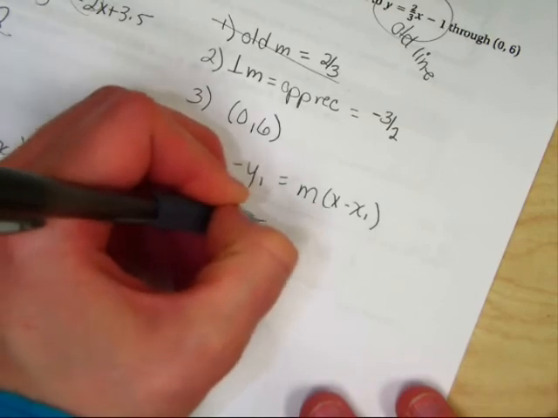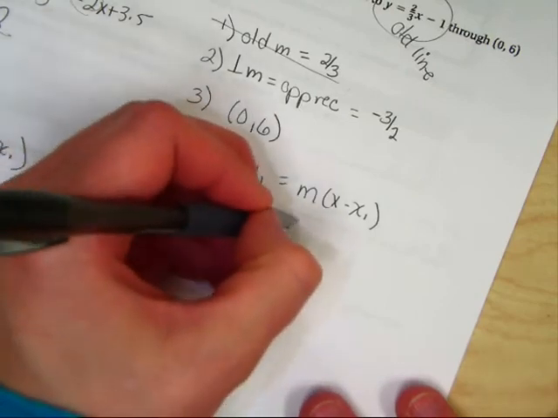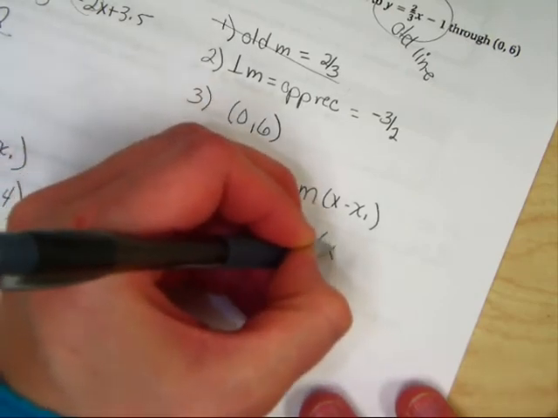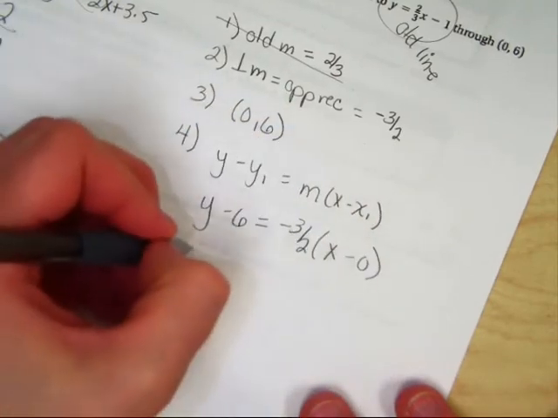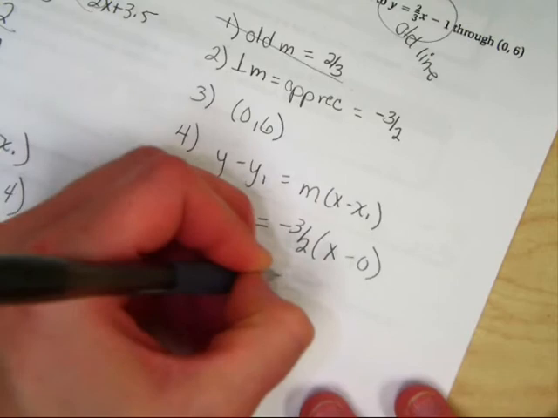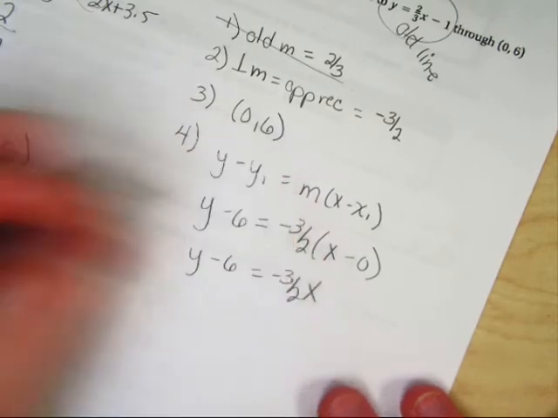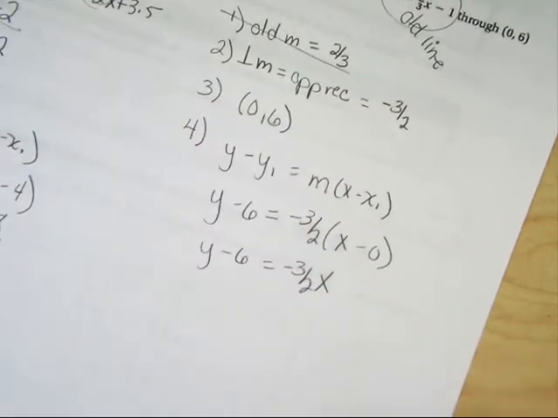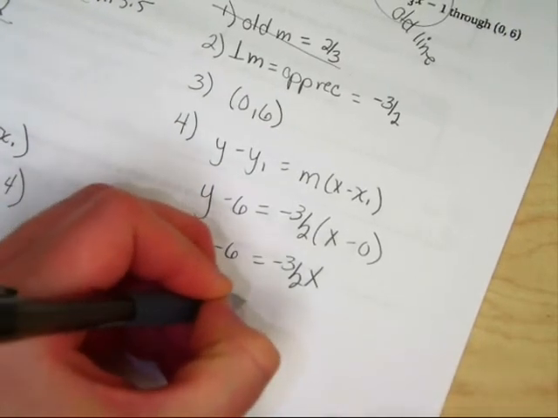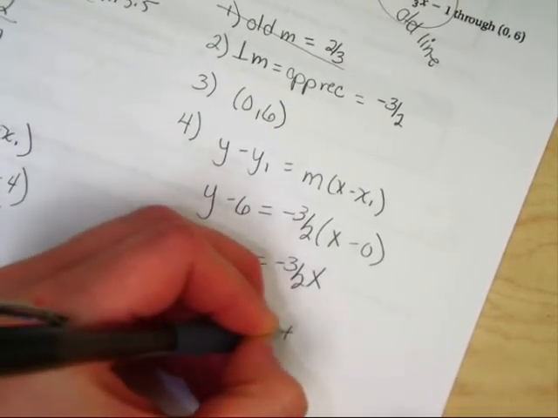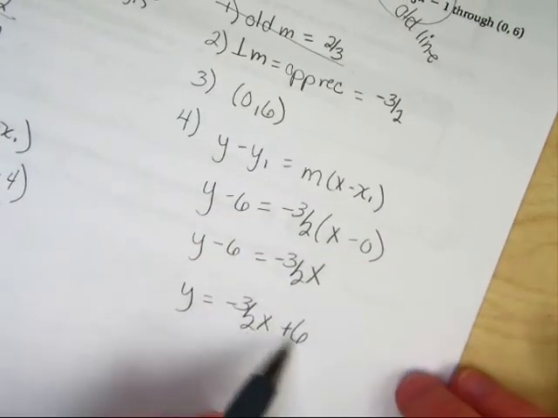So that's y minus 6 equals my m of -3 over 2 times x minus 0. Distributing it in, I get y minus 6 equals -3 over 2x. I'm not even going to bother with the 0. And last, you add 6 to get y equals -3 over 2x plus 6.